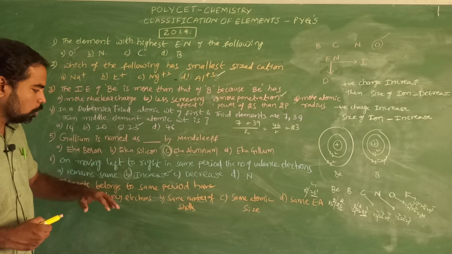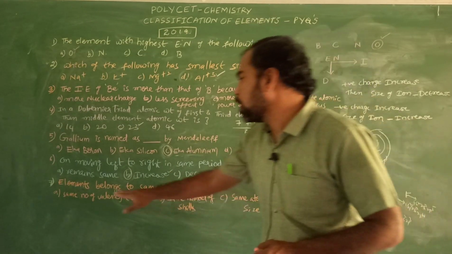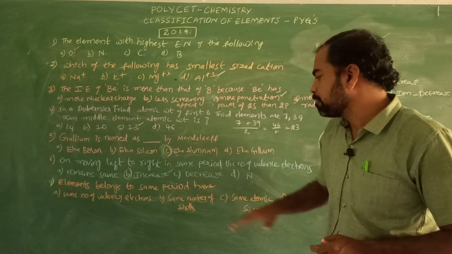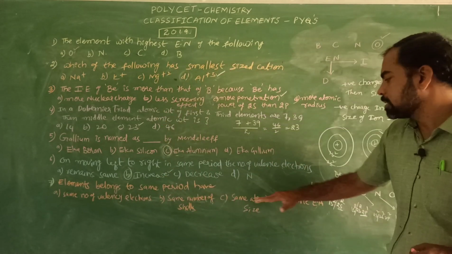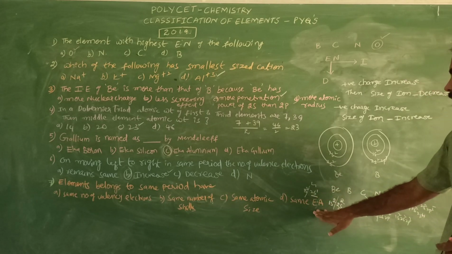Let us see the next one. The elements belonging to the same period have: the options are same number of valence electrons, same number of shells, same atomic size, same electron affinity. EA means electron affinity.